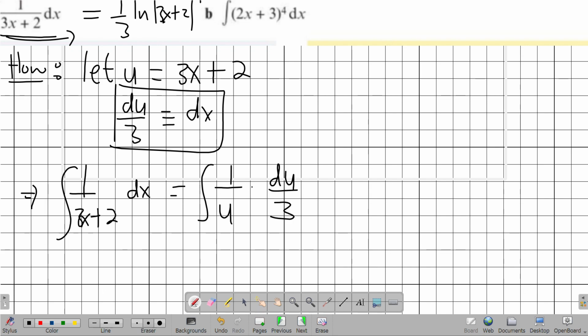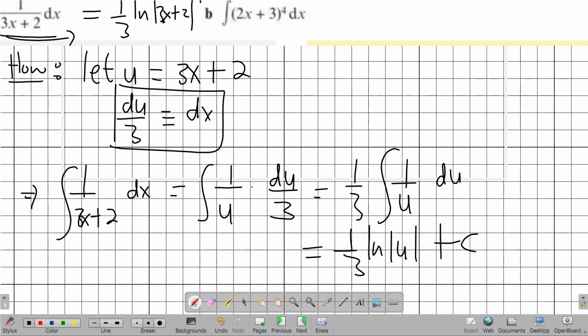I see that there's a 3 there, which can be written as 1 over 3 times the integral of 1 over u du. Because 3 is a constant number, there's no need to worry about 3. You can just take it out of the integral sign. But again, the integral of 1 over x is known as natural log of x. So the integral of 1 over u is just the natural log of u plus c.